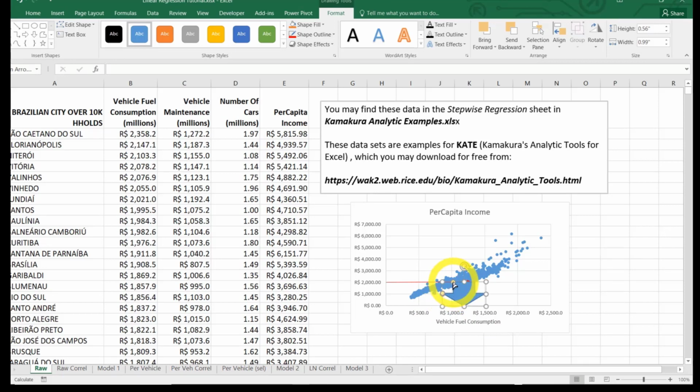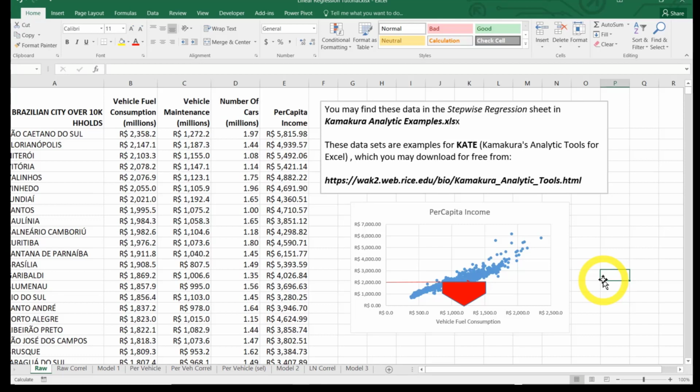There's a lot of uncertainty here. But you would say that a city that has $2,000 in per capita income would spend between 800,000 and 1.5 million reais, that's the currency in Brazil, on gasoline.